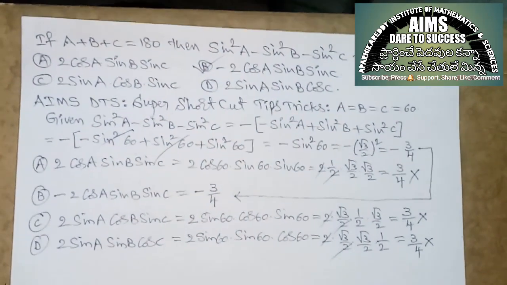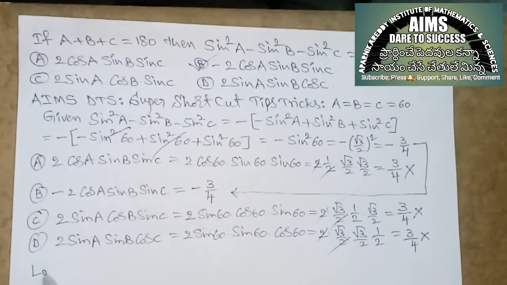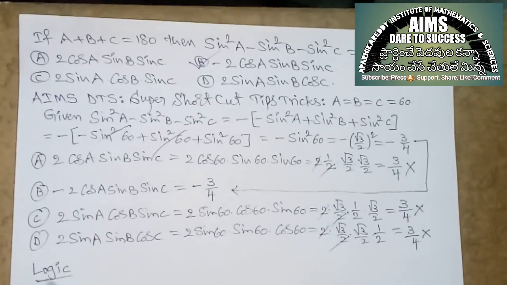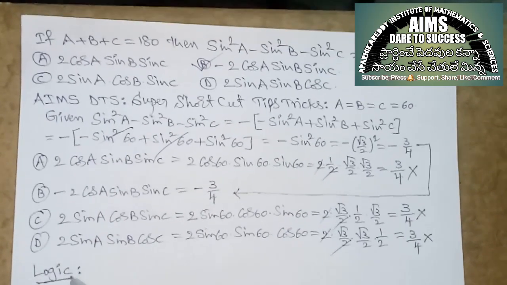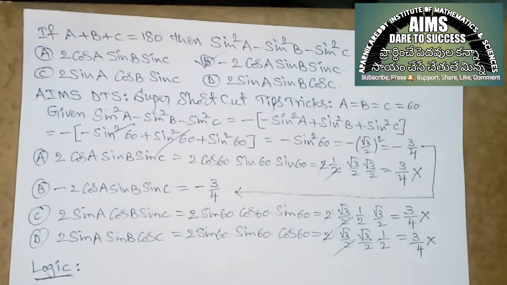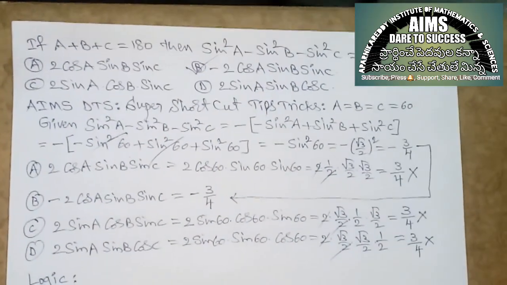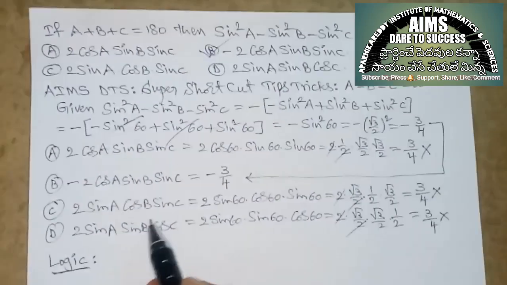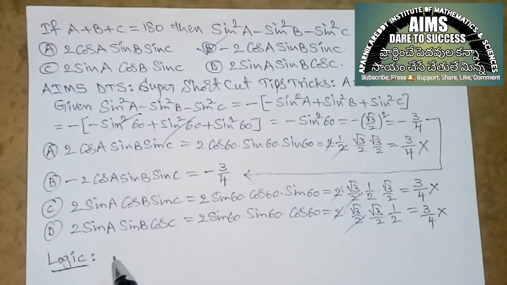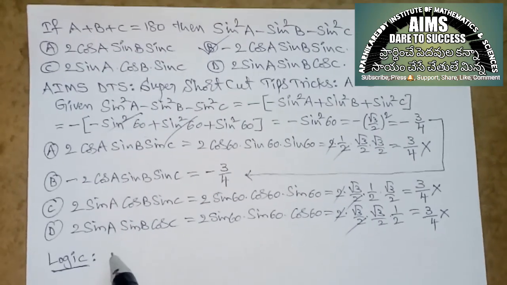Now I want to tell you the super shortcut logic. With this logic also you can get the answer easily, and by using the option verification method also you can get the same answer. The logic is very easy. So what is that logic?